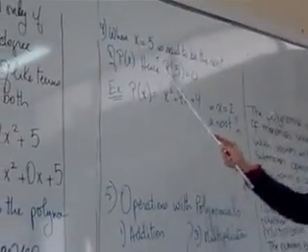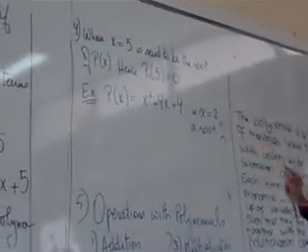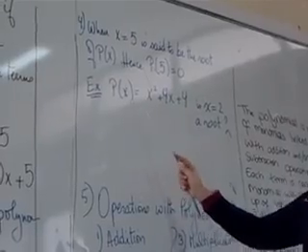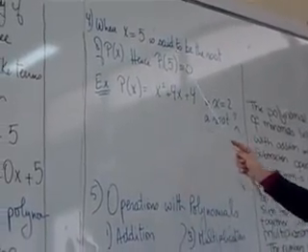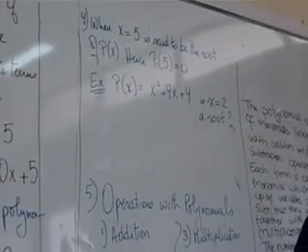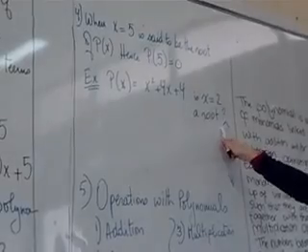When x equals 5 is said to be a root of p of x, then p of 5 is 0. So I'm going to experiment on this one.